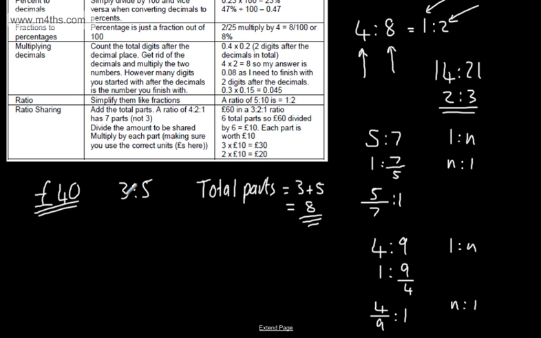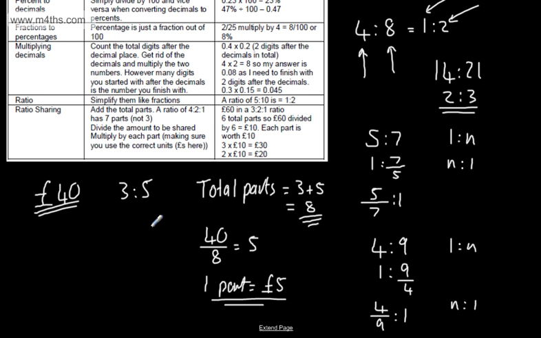I'm going to have 3 parts, you're going to have 5 parts. So what we do is take the £40 and we divide it by the number of parts, and that gives us 5. So we can say 1 part is equal to £5. So I thought to myself, I've put this money in 3 piles and 5 piles of equal amounts. How many total piles have I got? I've got 8 piles.